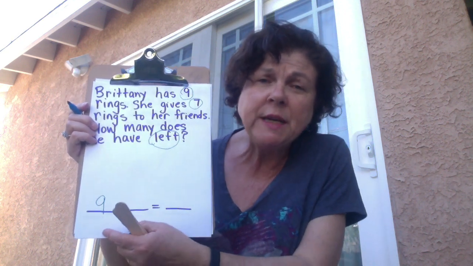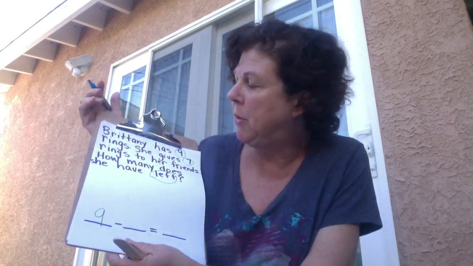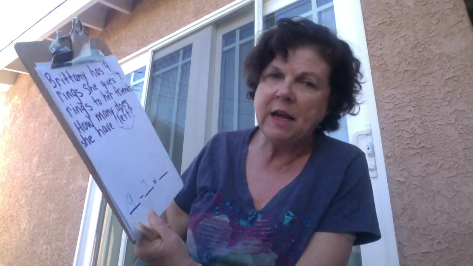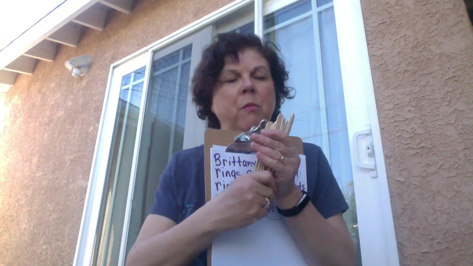Okay, 9. So then the story tells me that she was really nice and she gave some of them away. So I'm going to look here, and she gave away 7. So I'm going to write that in the second blank. I'm going to write 7 because that's how many went away. So I have my 9 here.